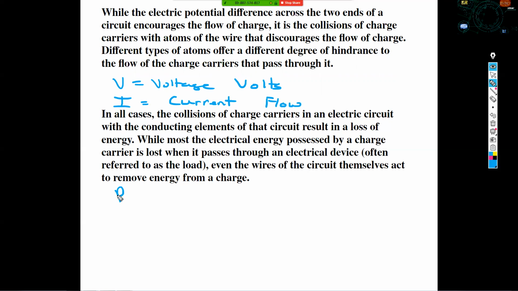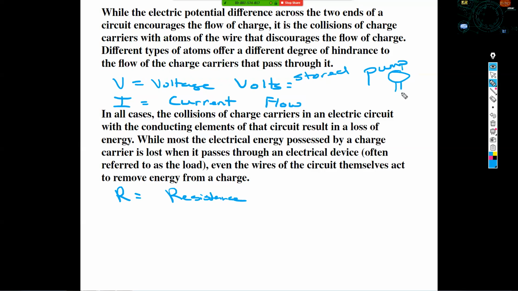And now I have R, resistance. Think of voltage as your stored energy. If you think about it in my analogy of water, this is like having a pump pressure, or a water tower height.